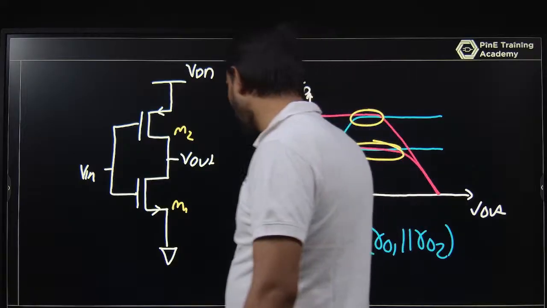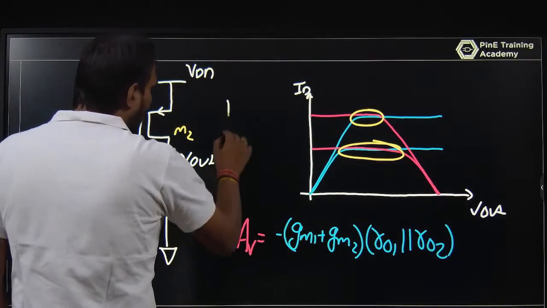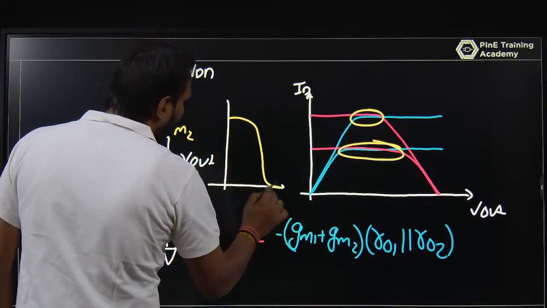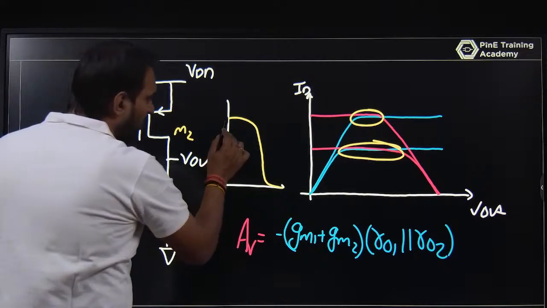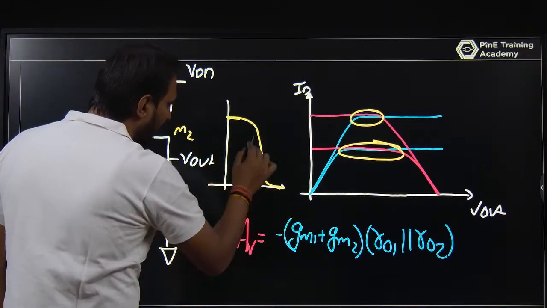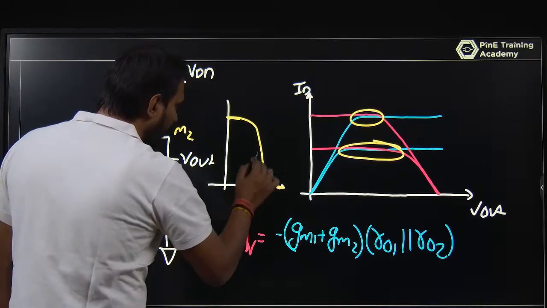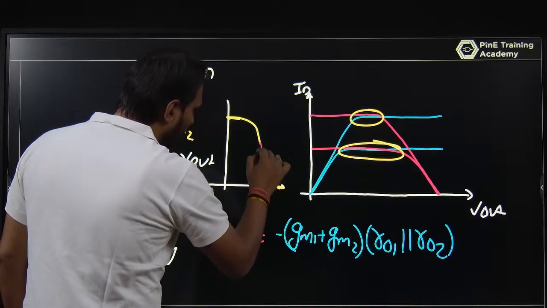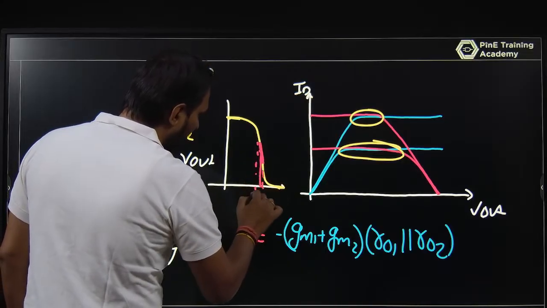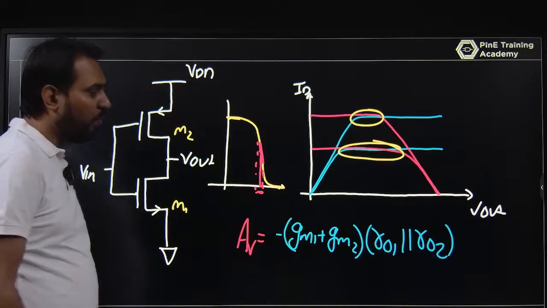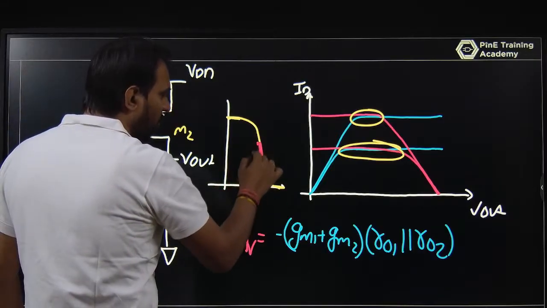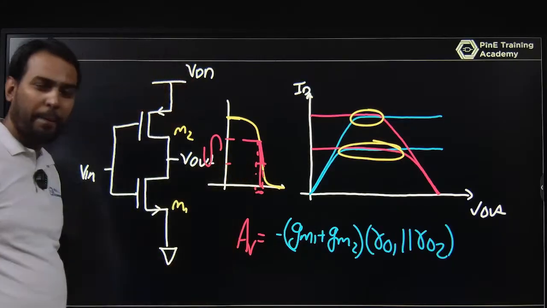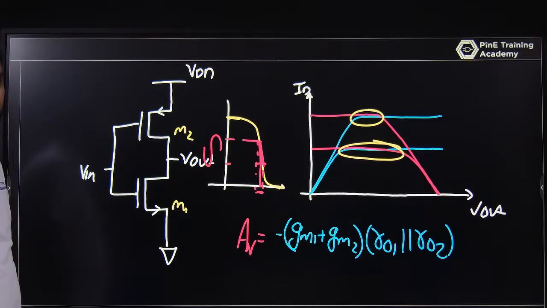If you are talking about it as an inverter, the output Vout is like this. I am not talking about this region; I am talking about the region where the MOSFET is in saturation. If you change some voltage, there is a very small change at the input and a large amount of change at the output, and this provides that much gain.